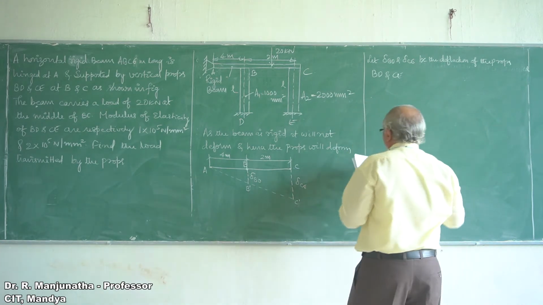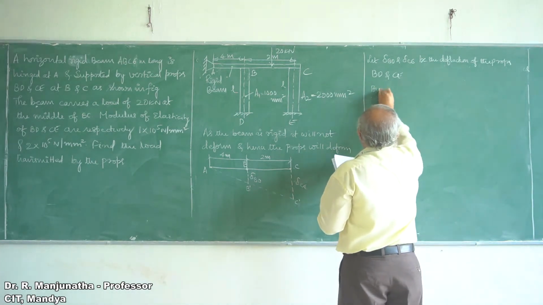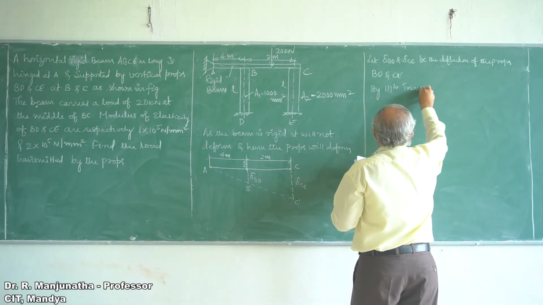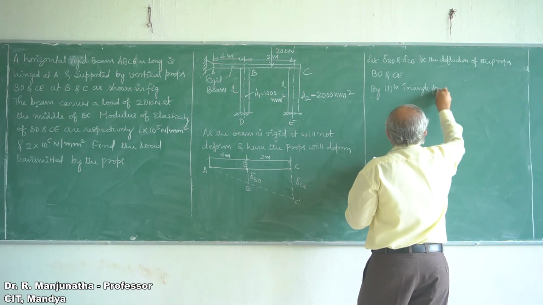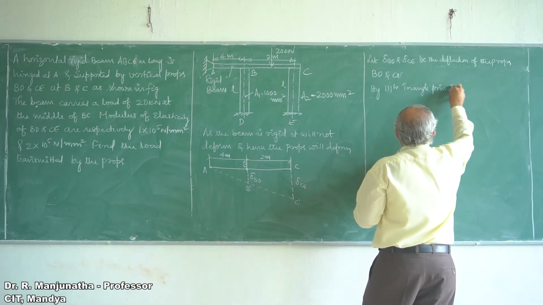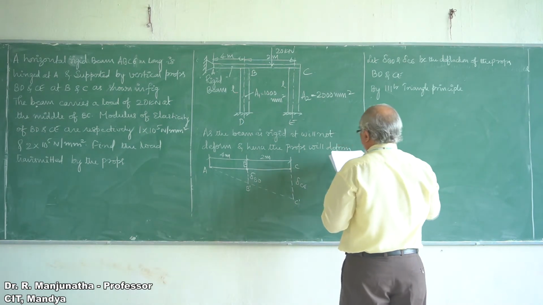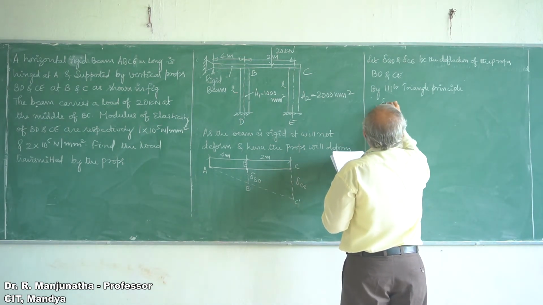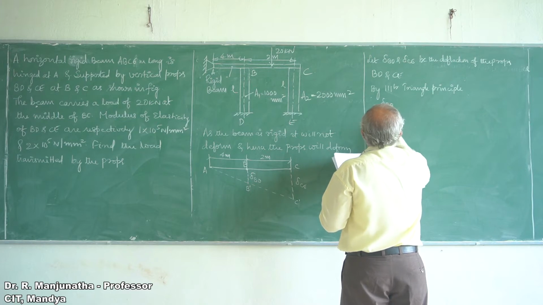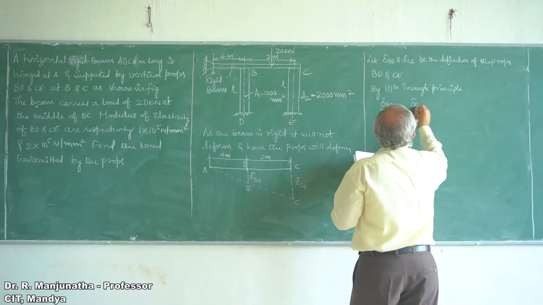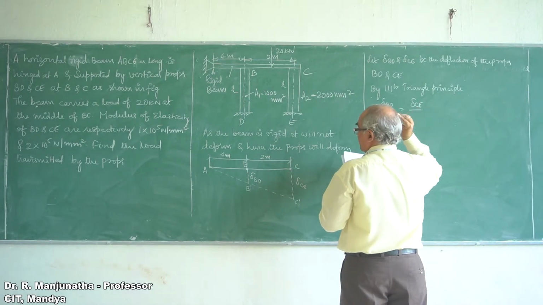By similar triangle principle, delta BD by AB will be equal to delta CE by AC.